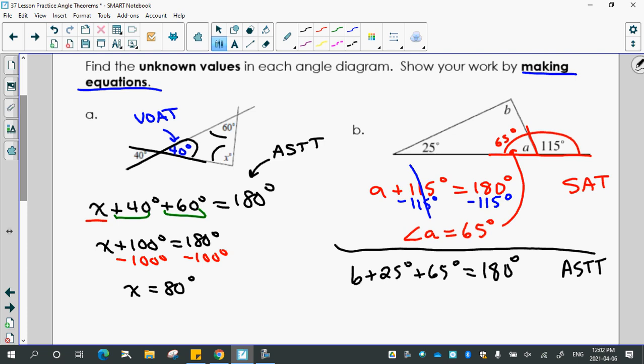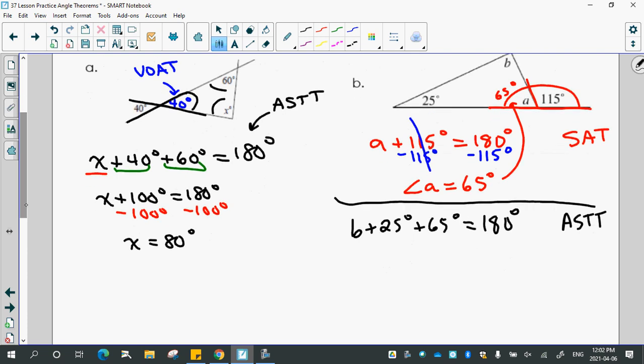And then I have to get B by itself, so I can add these angles together. Oh, it turns out to be 90. End up getting B is 90 degrees.